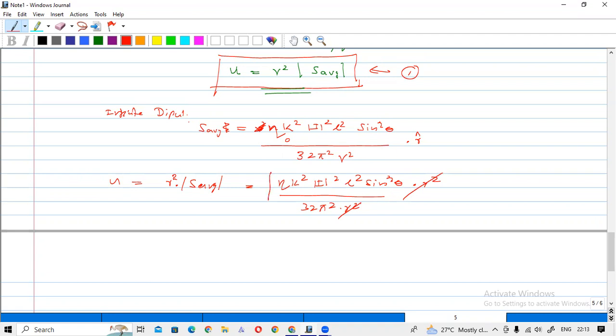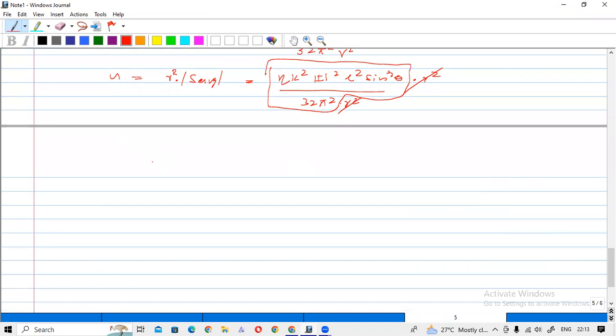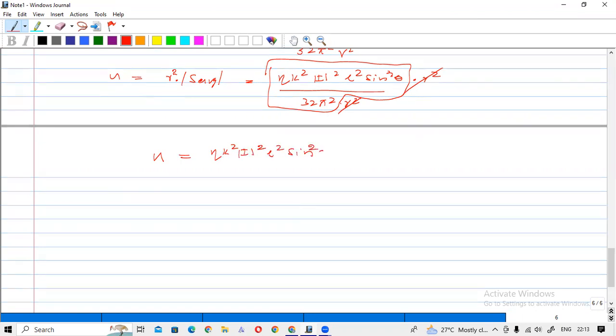And this is the radiation intensity for an infinitesimal dipole: eta k square I square L square sine square theta divided by 32 pi square.